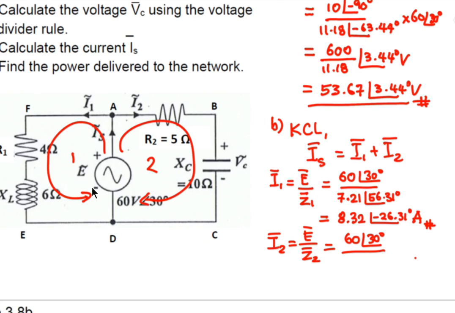Z2 is, as we saw previously, 5 minus J10, so it's 11.18 at an angle of minus 63.44 degrees.